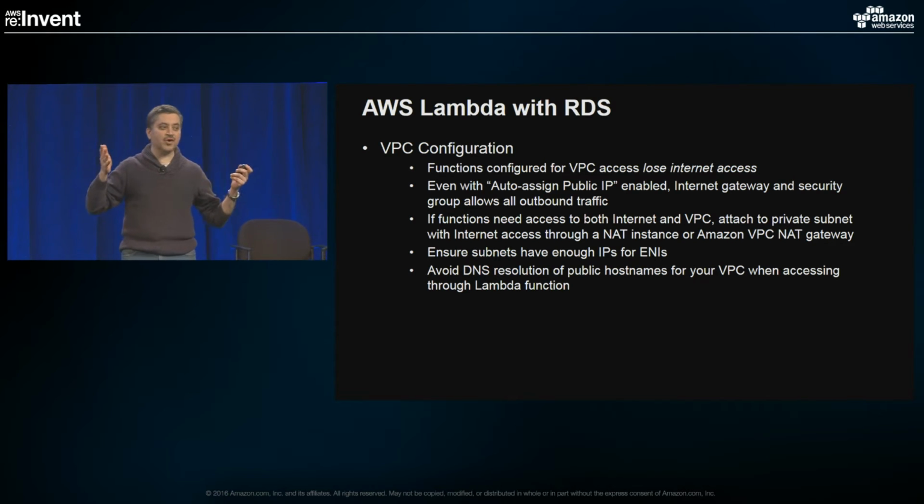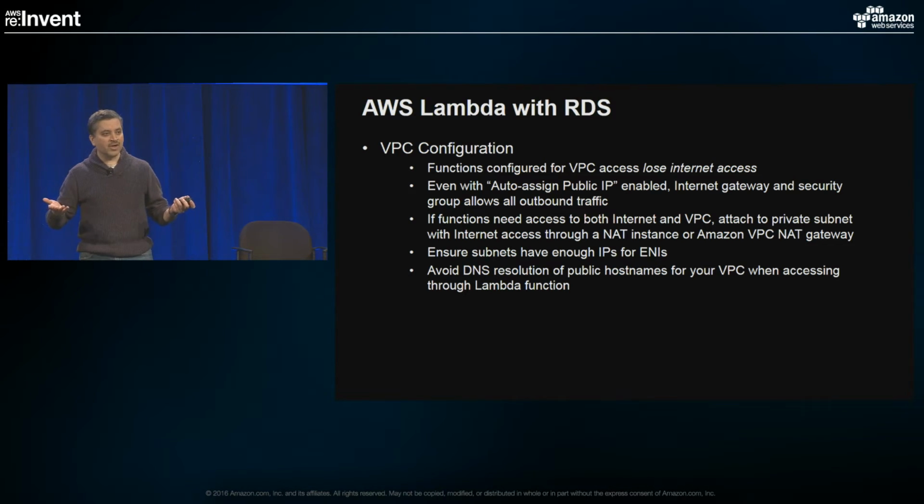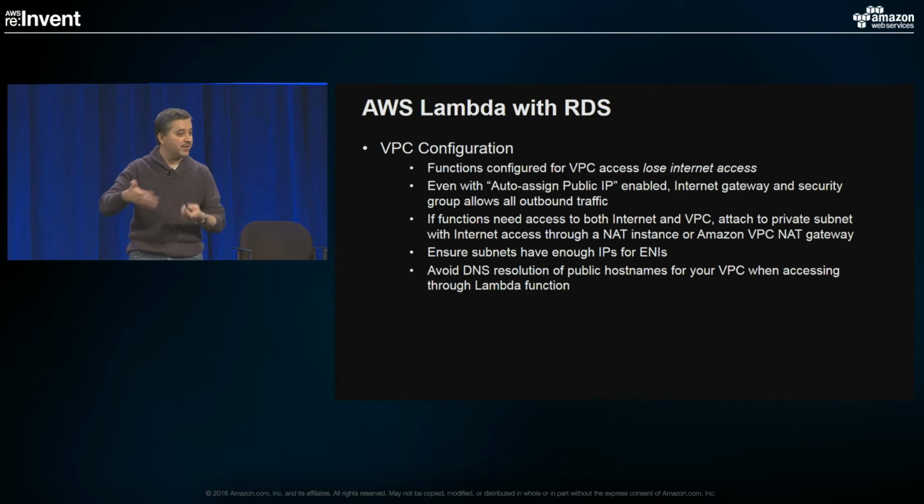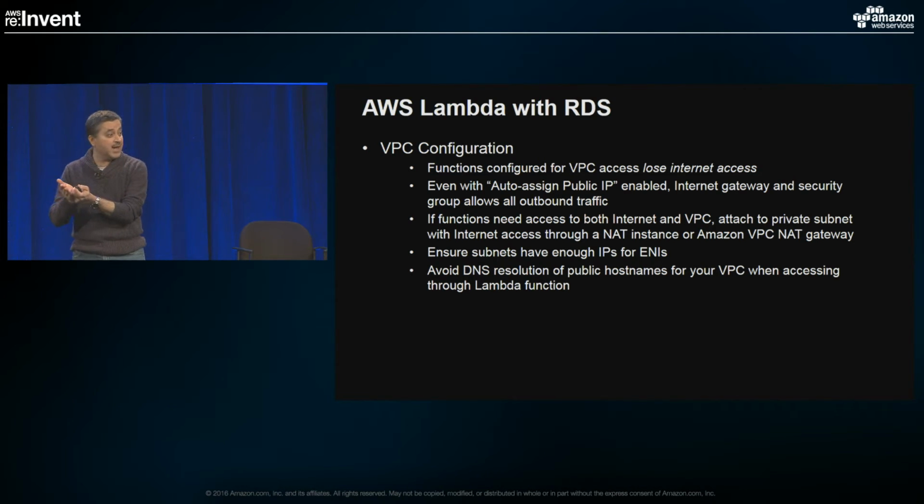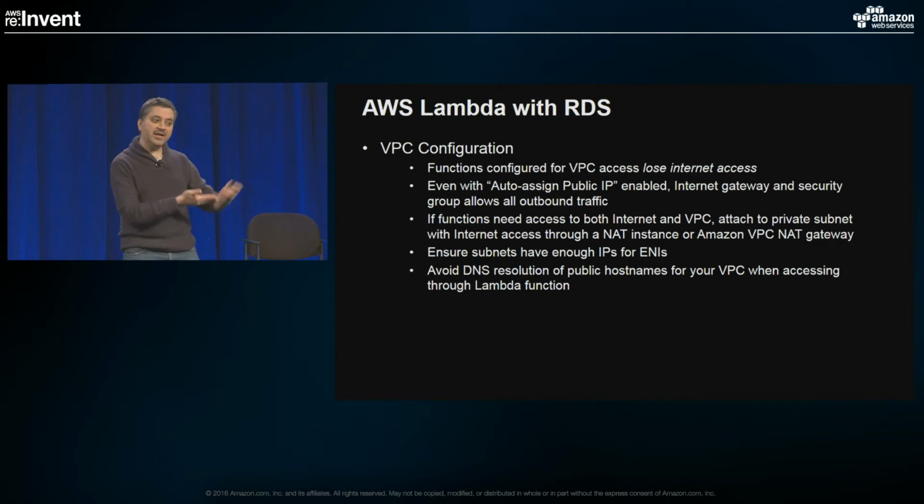So let's say you have your RDS database. When you launch an RDS database within a VPC, unless you require it, just don't enable public access to the database. That means it will have a private IP, so Lambda will only talk through the private IP layer, where it does not have to go through a DNS resolution process, which would add more latency and cost to your Lambda function.